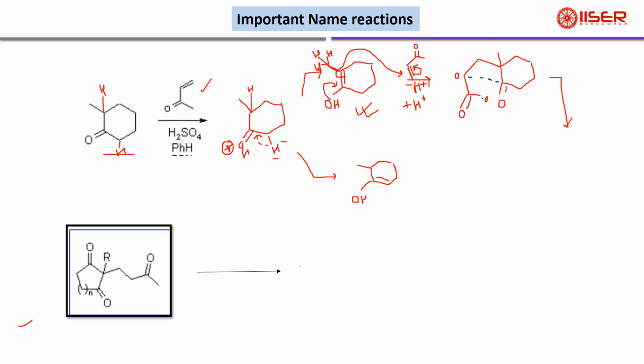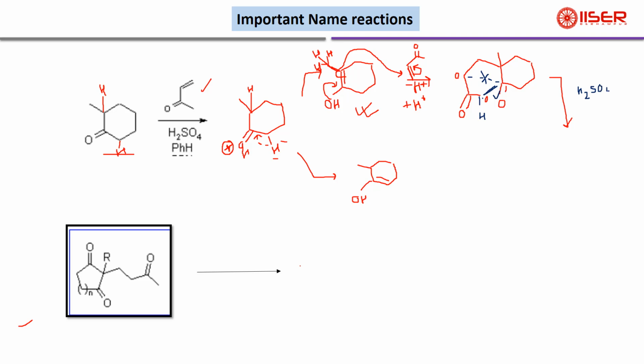But if protons are taken from here and this will attack this center, then the formation will be a 6-member ring. So obviously this attack is more favorable, because here the 4-member ring will form. So in this case, instead of the acid condition, the more acidic proton will be taken up.